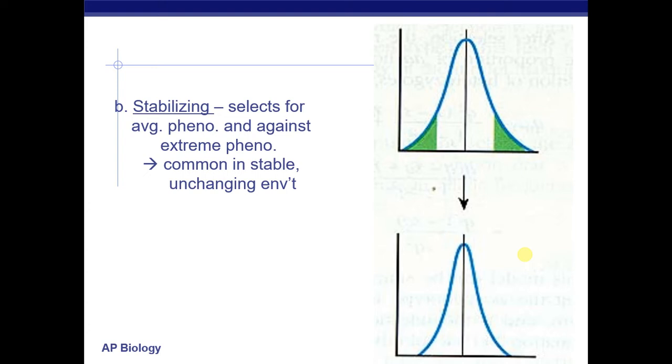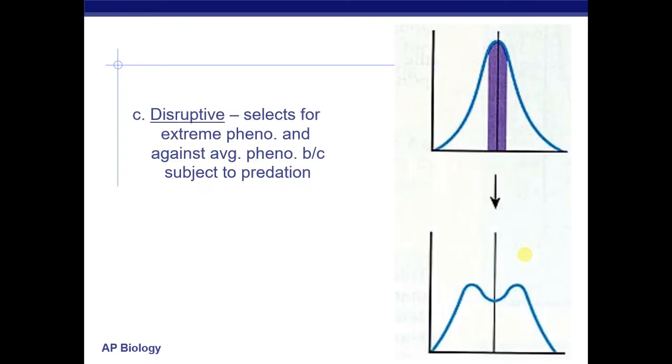Stabilizing selection is very common in unchanging, stable environments, where those extreme phenotypes don't have an advantage. And lastly, there's disruptive selection, where the intermediate phenotype we're talking about in stabilizing selection is now bad. It's the least favorable, the least fit.